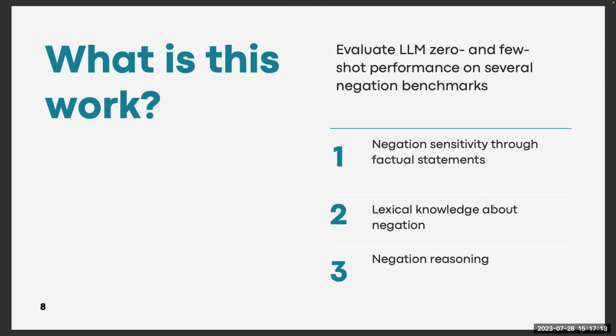By lexical knowledge, I mostly refer to the antonym and synonym relations of words, because negation can not only be expressed through syntactic negation like not, but can also be expressed in a lexical way: if we have a pair of a word and its antonym, this is also a way to express negation.